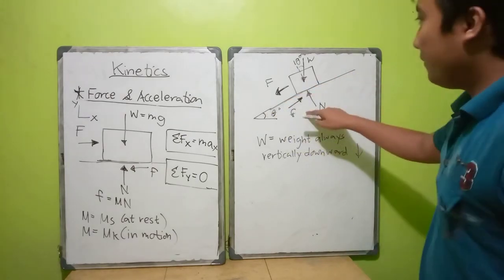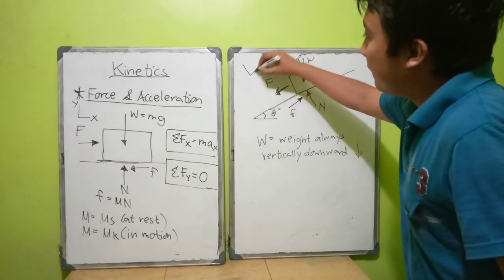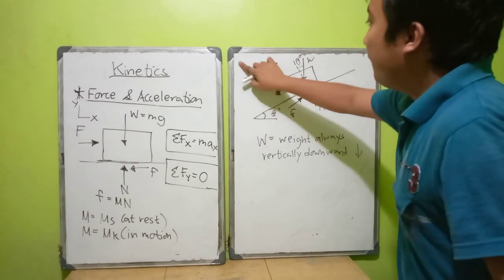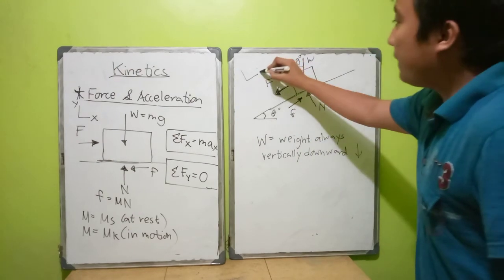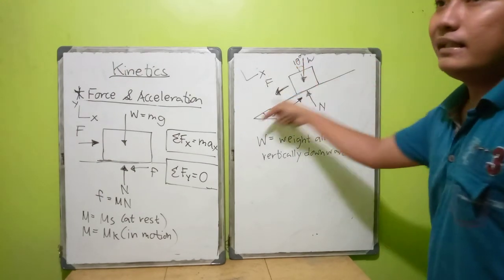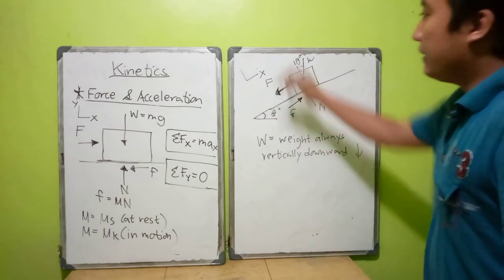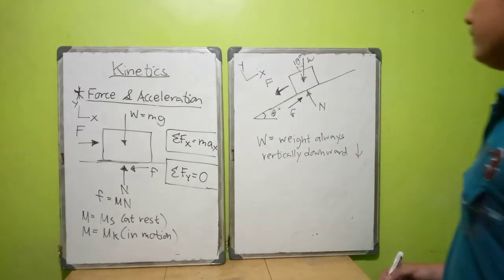To lessen your difficulty here, you can put your x and y axes in such a way that your x axis is parallel to your surface and your y axis is perpendicular to your surface.